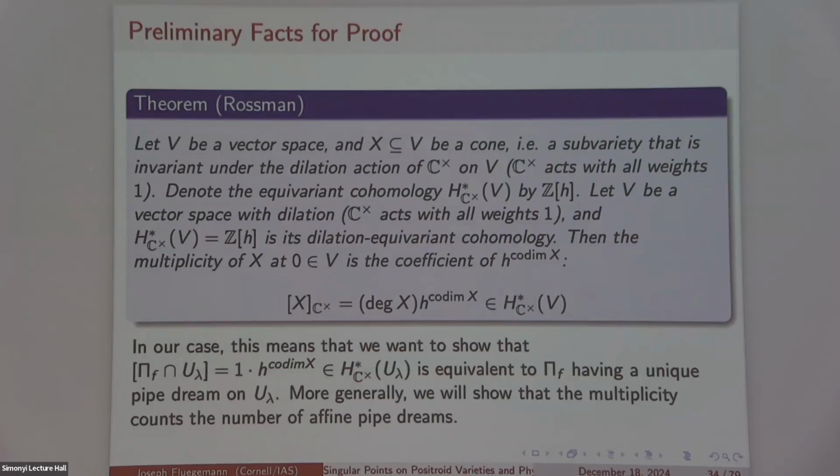And in order to do that, we will make use of this theorem from Rossmann, and this is the case in which you have a variety that's a cone, and then if you have a dilation action on this vector space, then the multiplicity is equal to the coefficient of the equivariant cohomology.